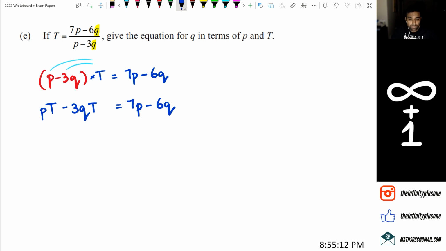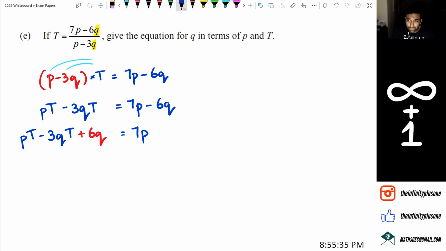The next step that we want to do is bring all the q's to the left hand side. So I'm going to leave the pt here, and I'm going to do this kind of slowly, but you guys will see what's happening. So I'm bringing the minus 6q across, which will now become plus 6q. All of this is equal to 7p.